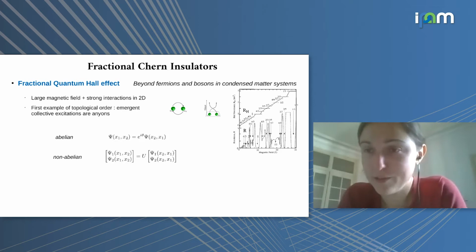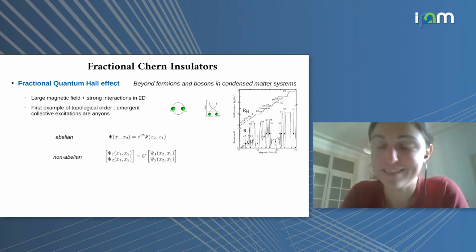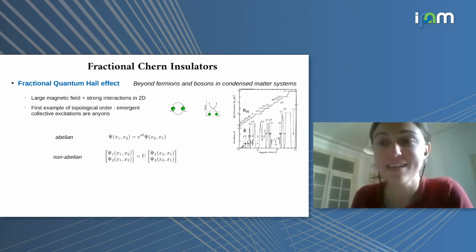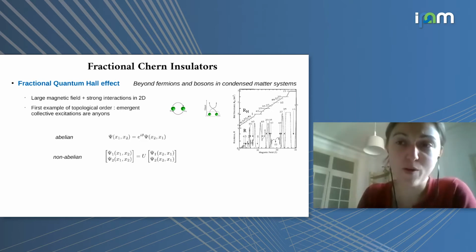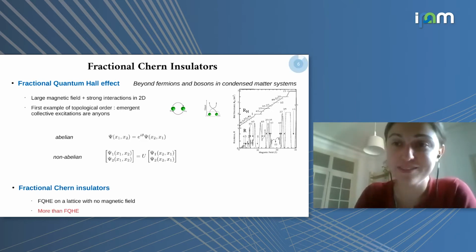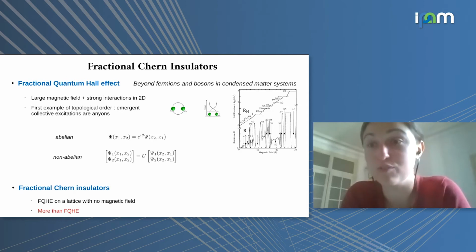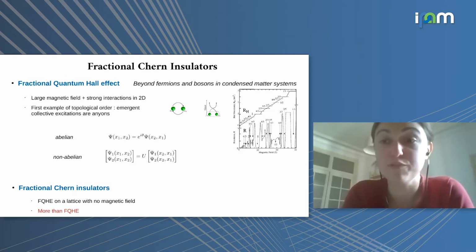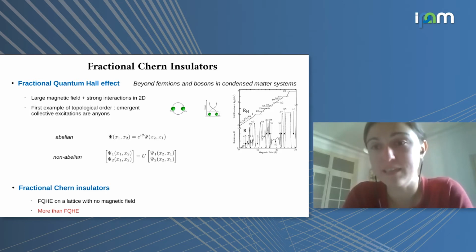So in this talk, I'm not going to talk about this exchange statistics specifically, but more about a different type of fractional quantum Hall state, which is called a fractional Chern insulator. Basically, this is a way of realizing the same phases, phases in the same universality class, but without having to rely explicitly on the magnetic field.